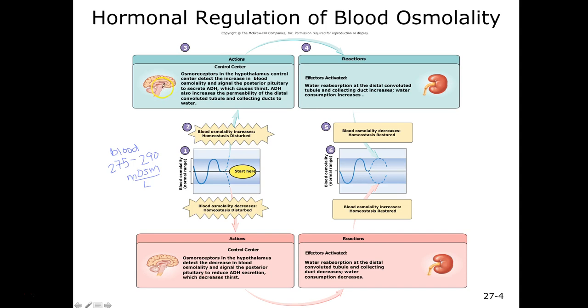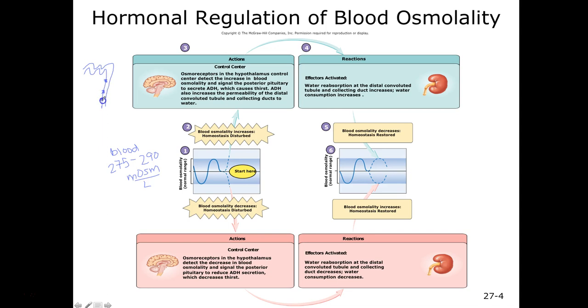We see that we have an increase in blood osmolality, and we secrete ADH, yes. And that's going to cause thirst. Do you guys remember what ADH does? Well, it says right here, but we're going to go over to our distal convoluted tubule and our collecting duct. And remember that what ADH does there is it puts in those aquaporins, right?